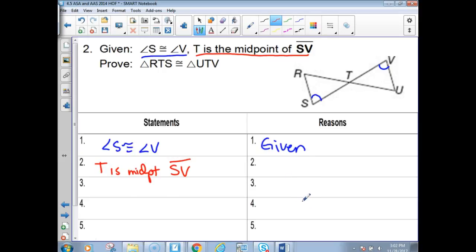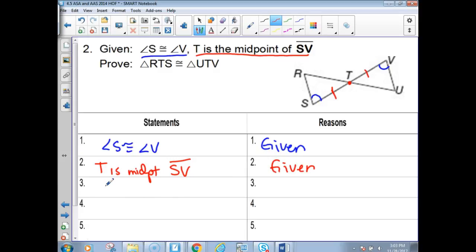If T is the midpoint of SV, okay, what does that tell me? Well, first of all, this was given, but what is that going to tell me I could write down? What does a midpoint do to a segment? Separates it into what? Halves. Two pieces that are equal in measure. All right, so what are those pieces? They happen to be sides of these triangles, which are ST and VT.